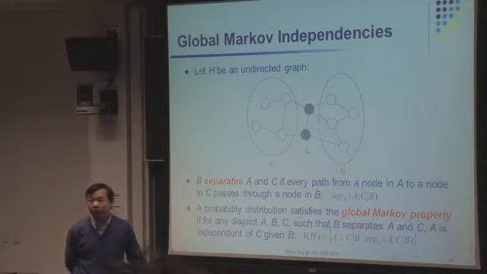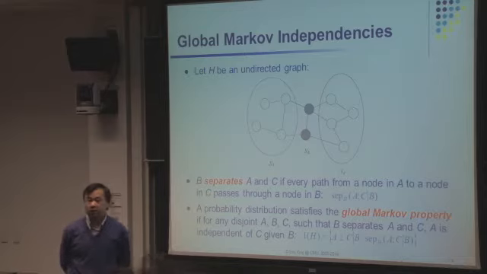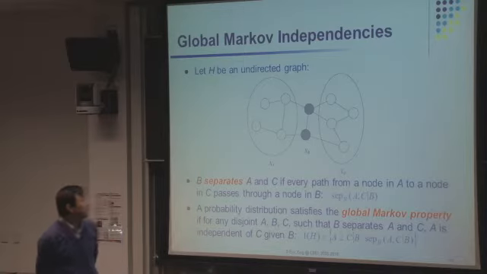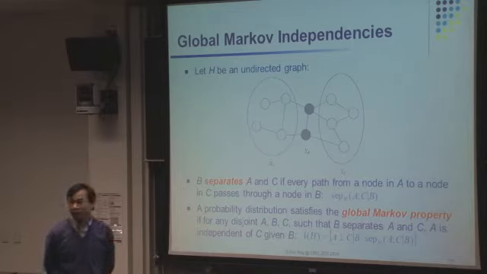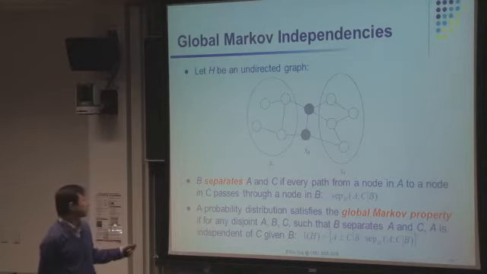So for every graph, we actually want it to represent the set of conditional independence properties, right? And the set of independence properties on an undirected graph is actually easier to describe than for the directed graph model. So here is the definition.